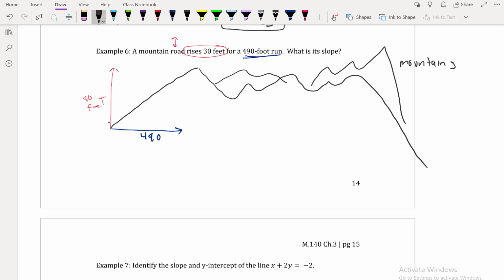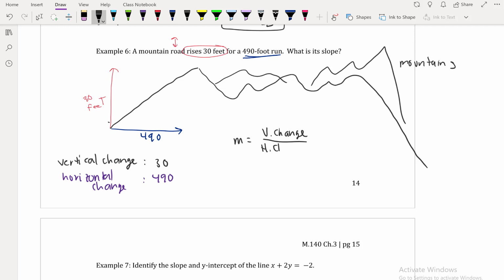So I can see that the vertical change is 30 feet. And I have my horizontal change at 490 feet. So if slope represents the vertical change over the horizontal change, then I would have my numerator as 30 and my denominator as 490.